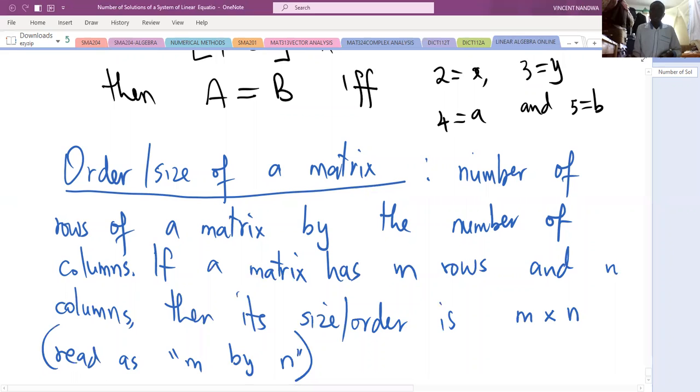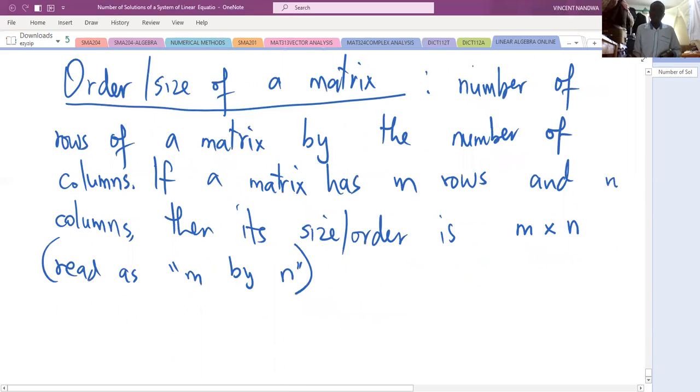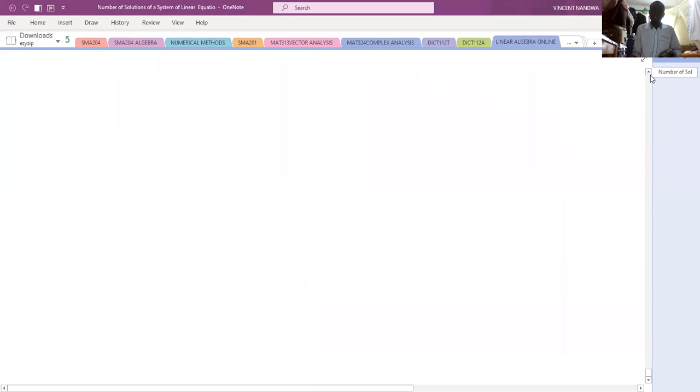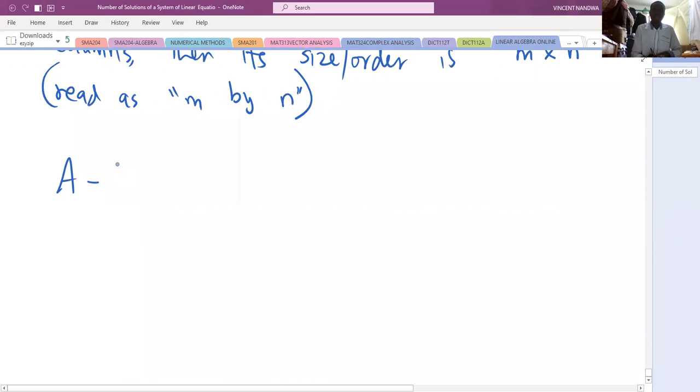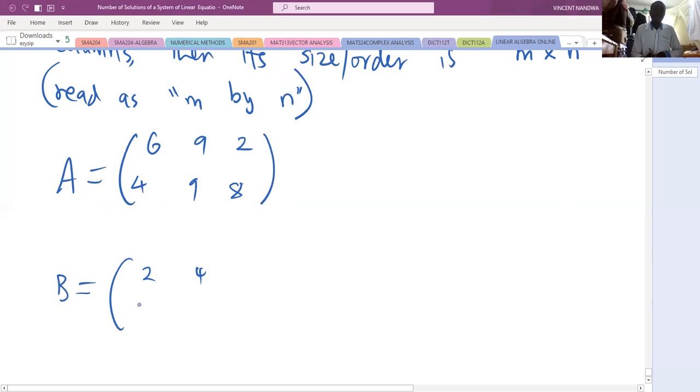So let's give a few examples here. Assume I have a matrix A given by 6, 9, 2, 4, 9, 8, and then a matrix B, I have 2, 4, 2, 1, 3, 4.